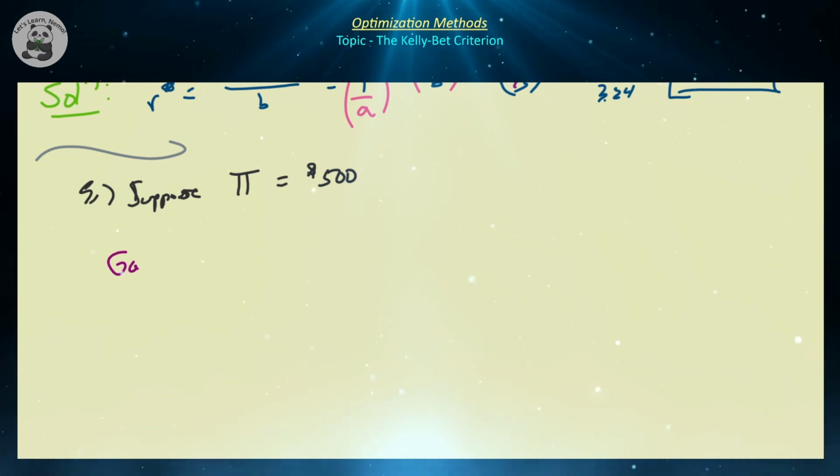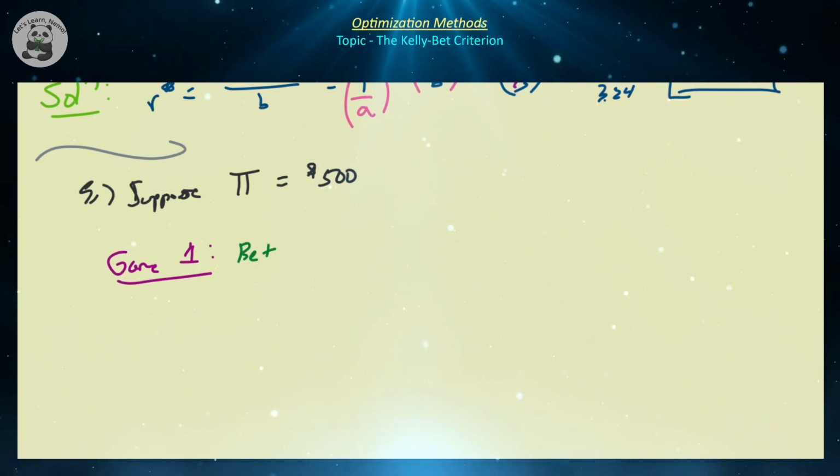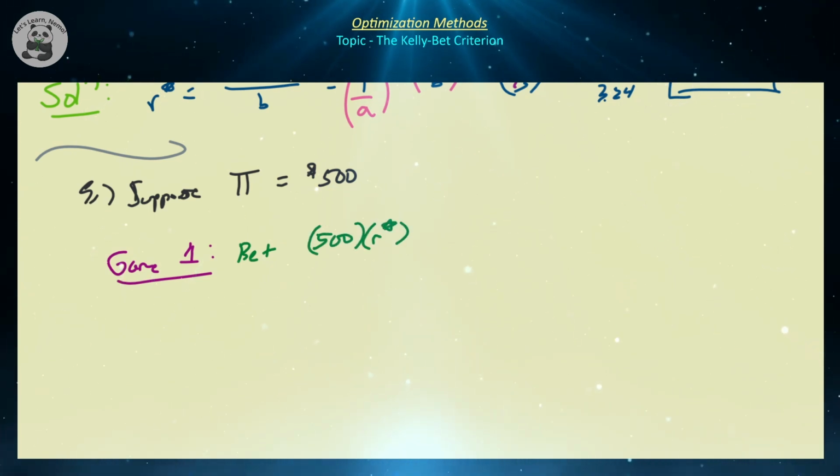So game 1. How much money should we play this game with? By our Kelly bet, we're going to bet this $500 times our R star value that we just calculated, so 9.4% of that. And this is going to be equal to 47.01. So that's how much money we will put up.